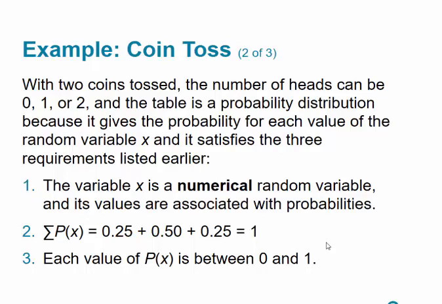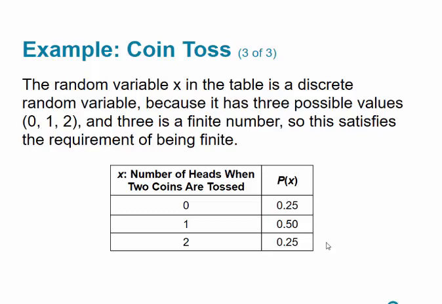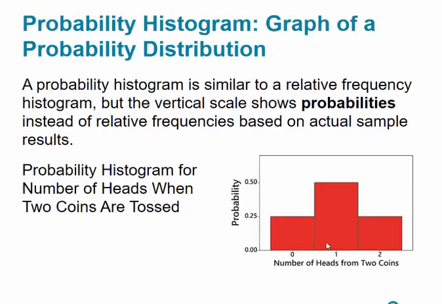If we add those together, we get 1. The variable x is also numerical, 0, 1, and 2, and each value of P(x) is between 0 and 1. Now, the random variable x in the table is a discrete random variable because it has three possible values, 0, 1, and 2, and 3 is a finite number, so it satisfies the requirement of being finite.